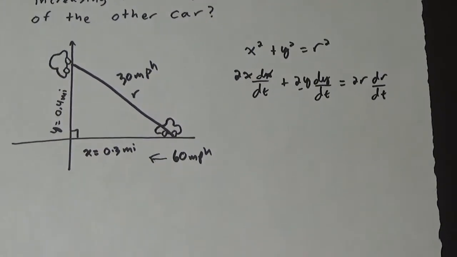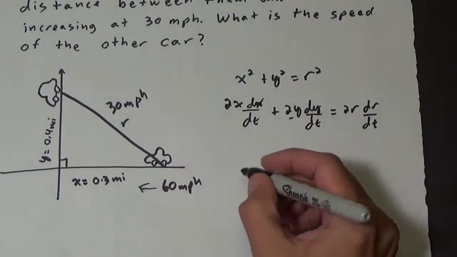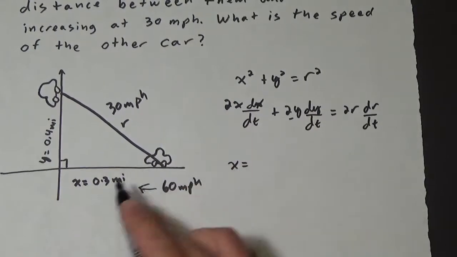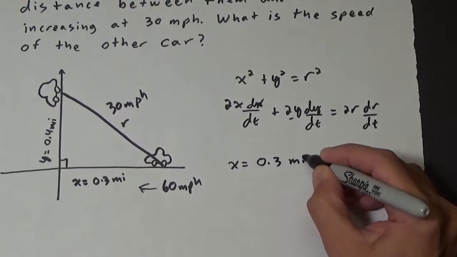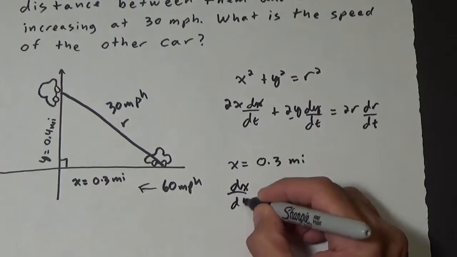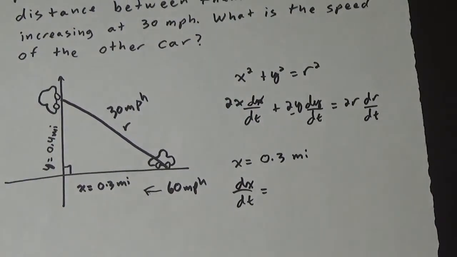Okay, so now we need to look at all of our values. Let's go through a list here. We have x, and we know that x is 0.3 miles. Then we want dx/dt, the rate that x is changing.